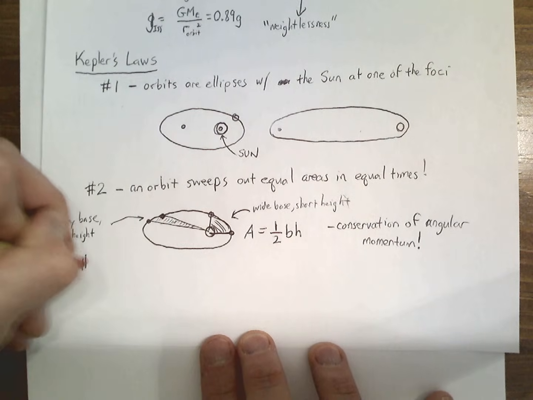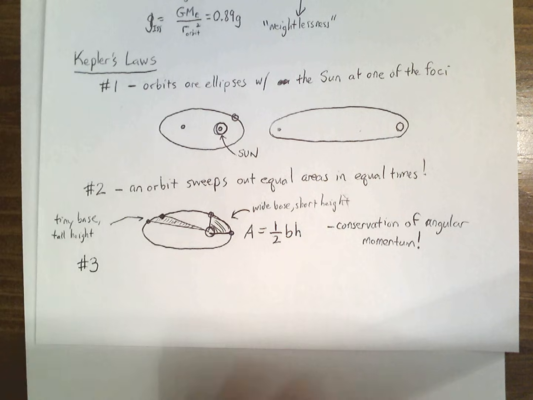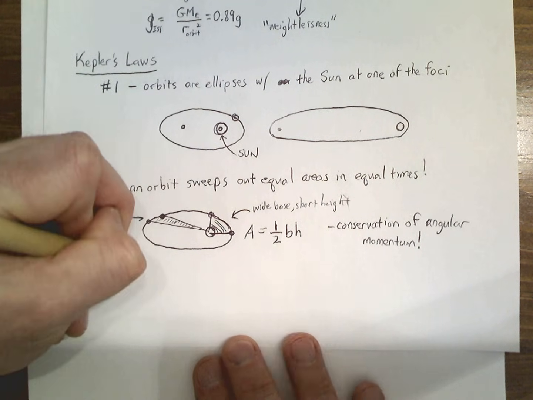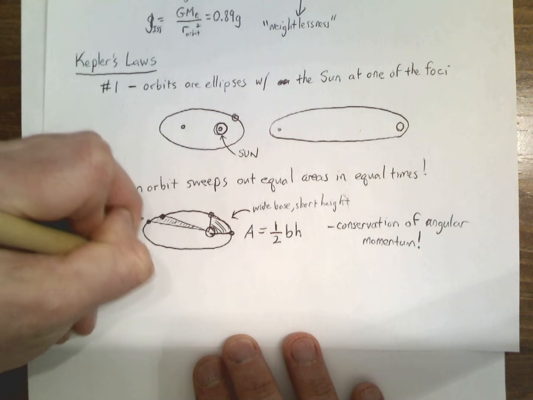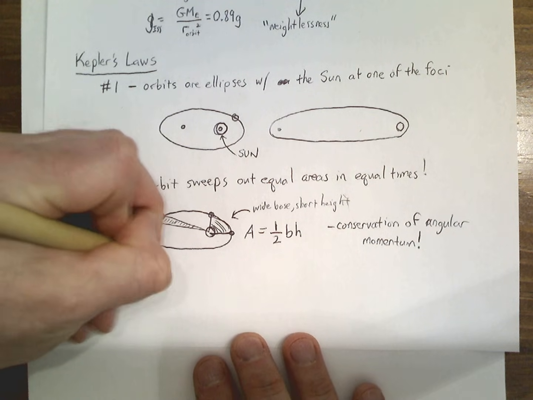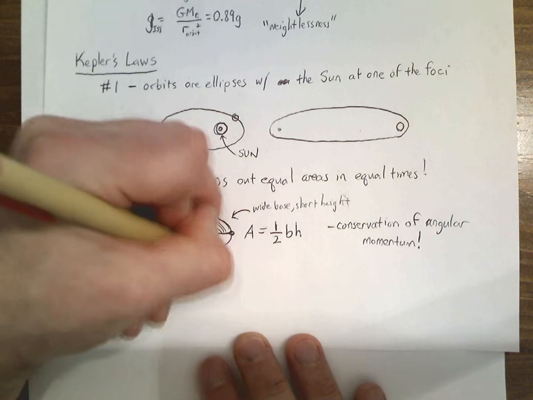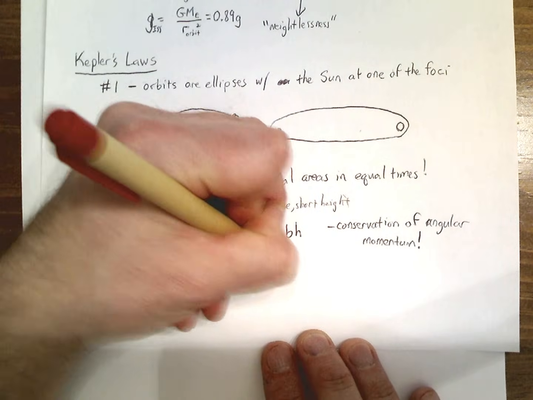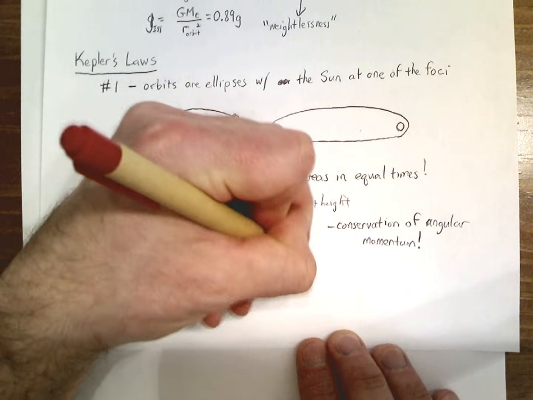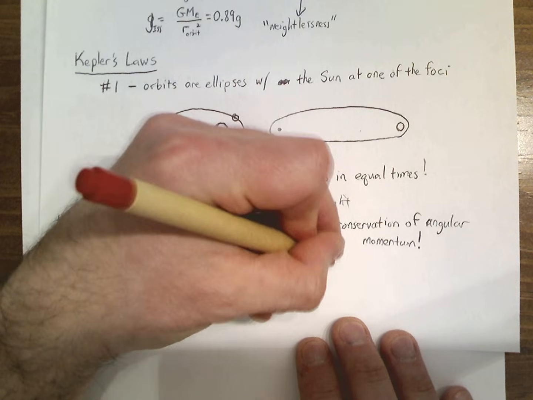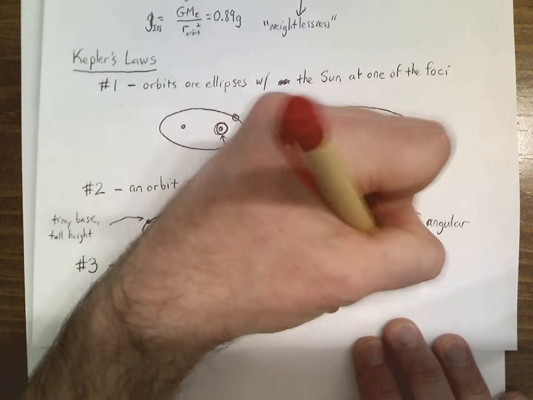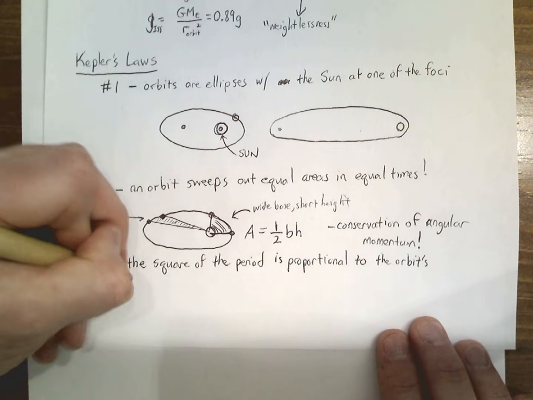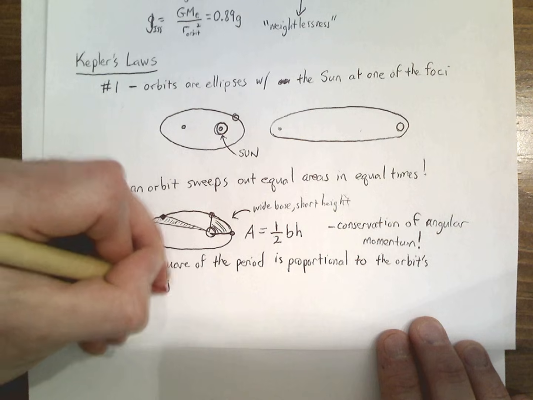The third law relates the time to go around the orbit, the period of the orbit. It says that the square of the period, the time it takes to go around once, is proportional to the orbit's, here's a $3 word for you, semi-major axis.